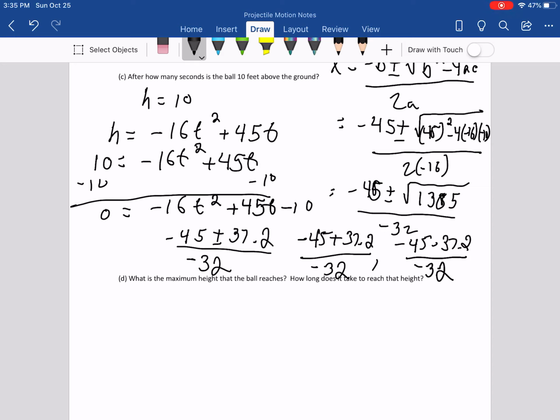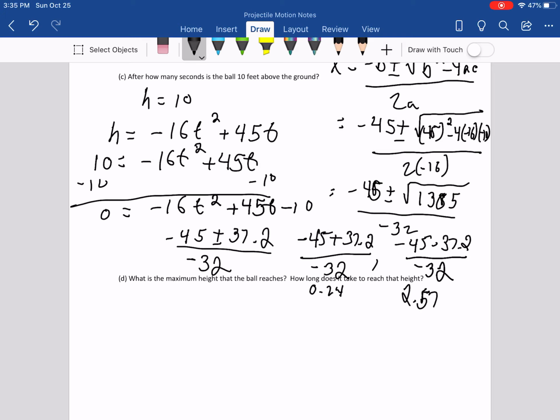All right, and let's see, negative 45 plus 37.2 over negative 32 is about 0.24. And then the other one, negative 45 minus 37.2 divided by negative 32 is about 2.57.